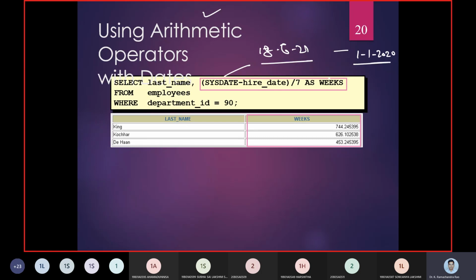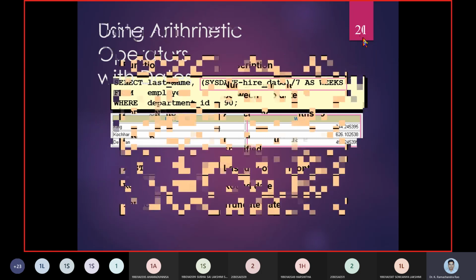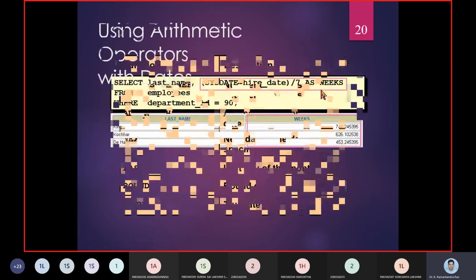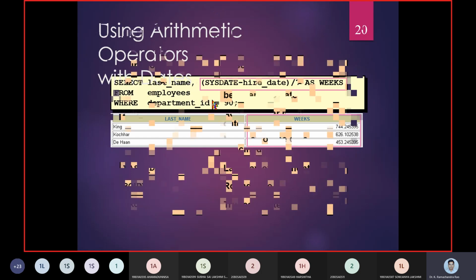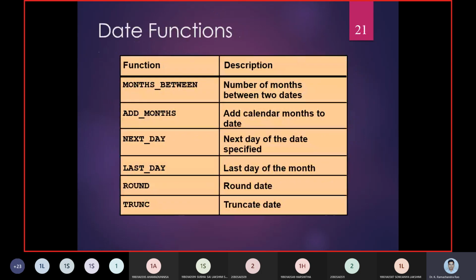Now how many weeks have gone by? I want to display it. So we can make an arithmetic operation: sysdate minus hire date gives how many weeks have gone. If we can do this, we call such operations arithmetic operations.